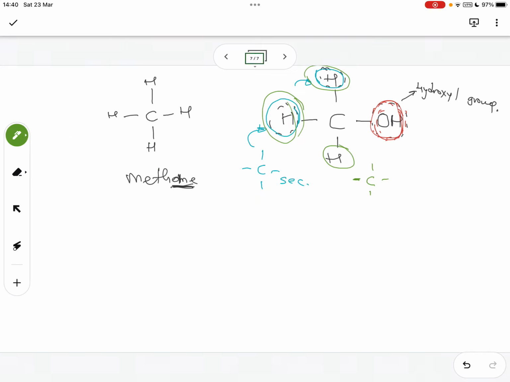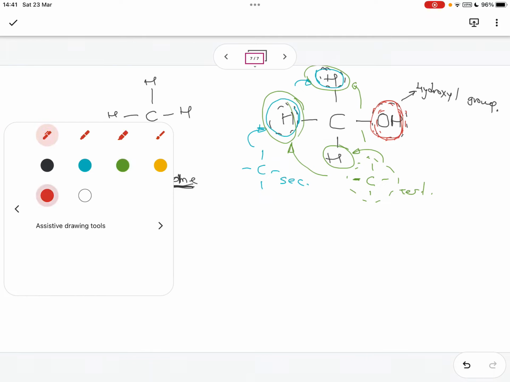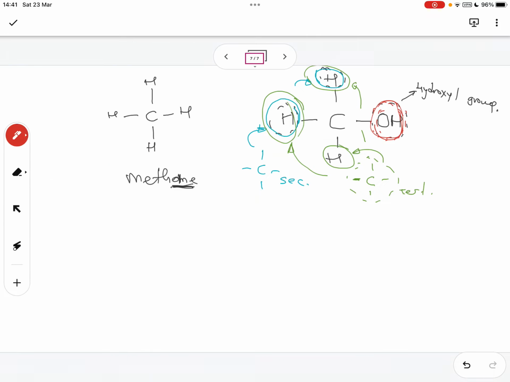Alright, so if we take the hydrocarbon isomer, this is an isomer. If we take this and we replace each of these H's, then we move into a tertiary alcohol, right? In an alcohol, we see it with this thing here.